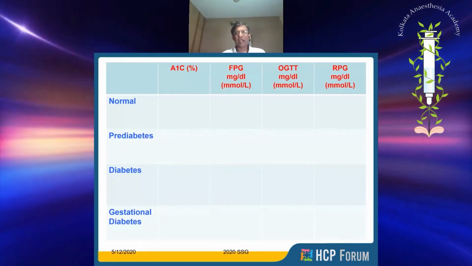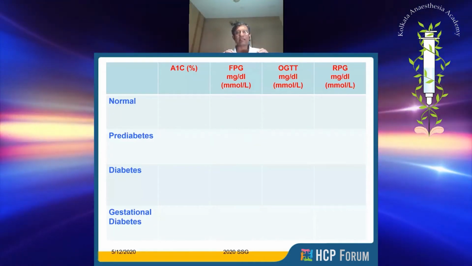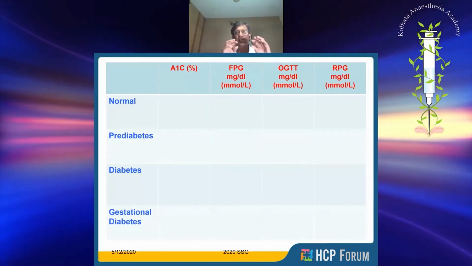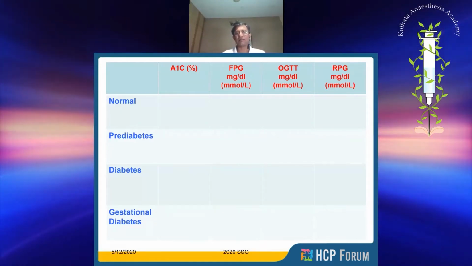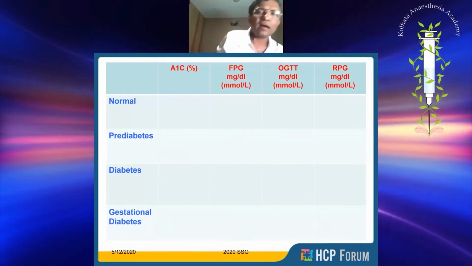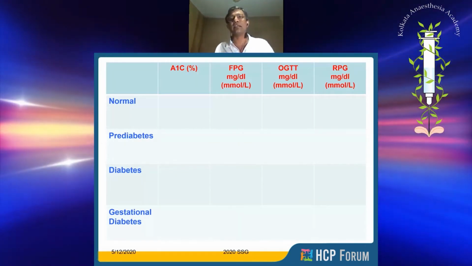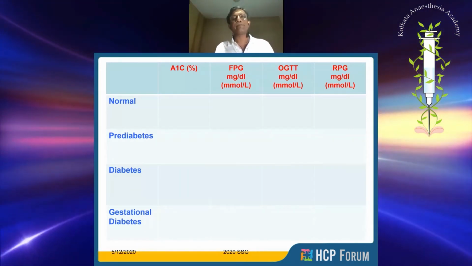If you have access to all these reports, when do you say that somebody is normal? At what glycosylated levels? At what fasting sugar levels? And at what oral glucose tolerance test or postprandial level? So when do you call somebody normal?